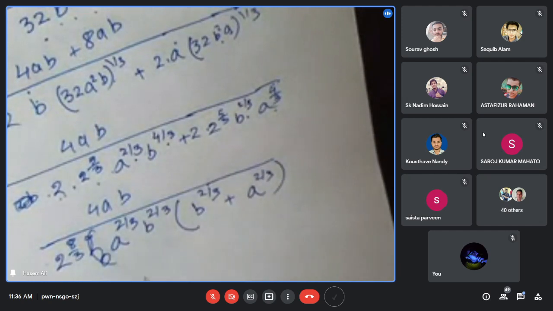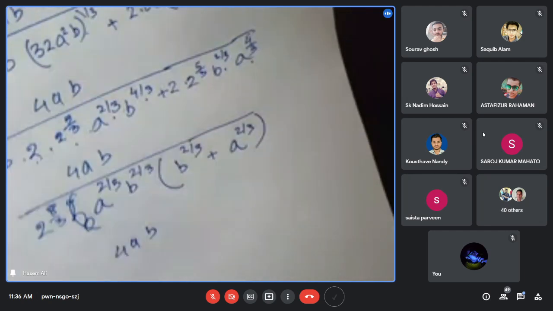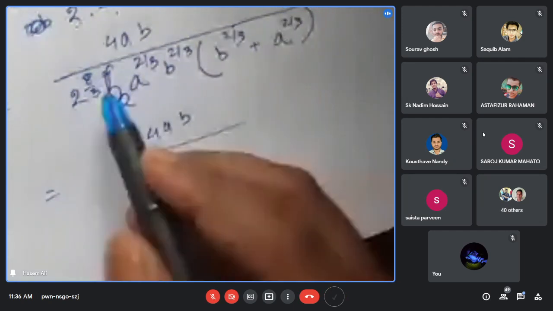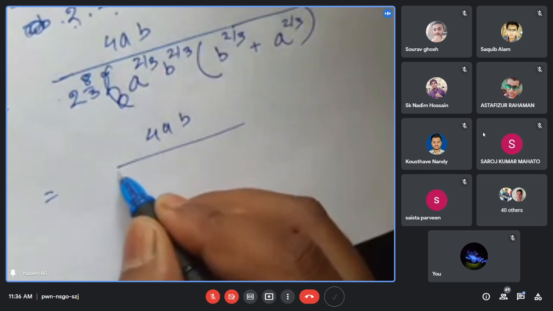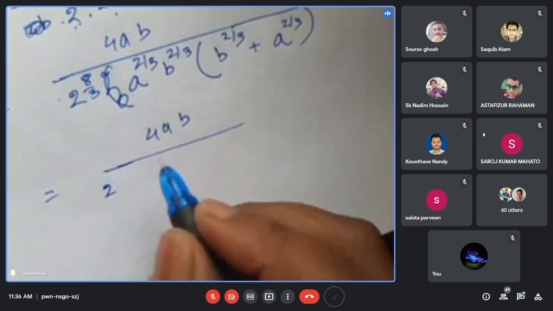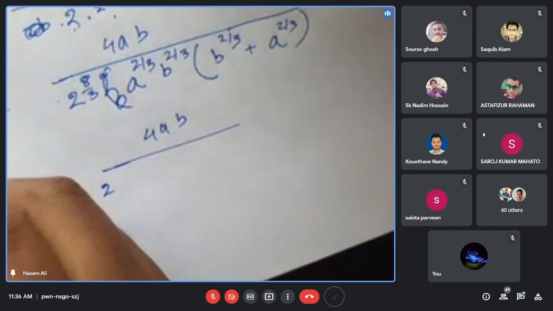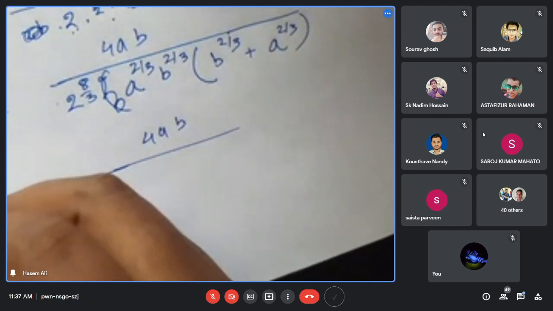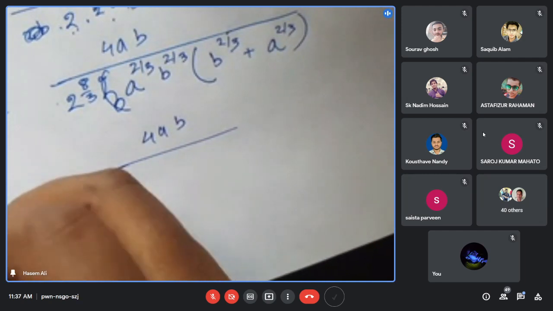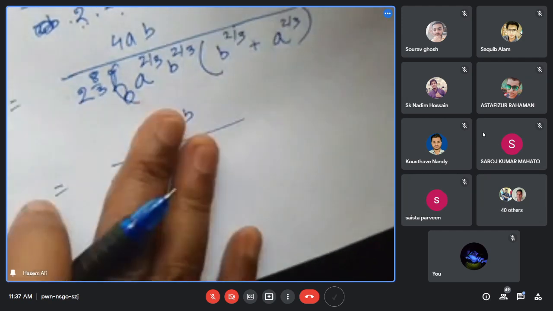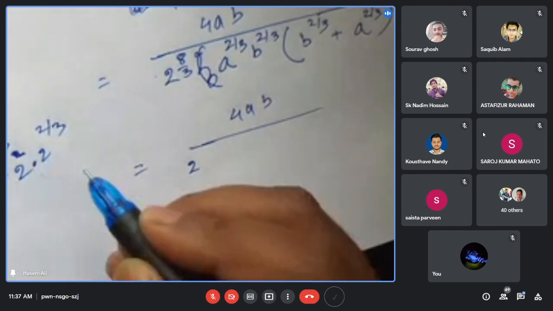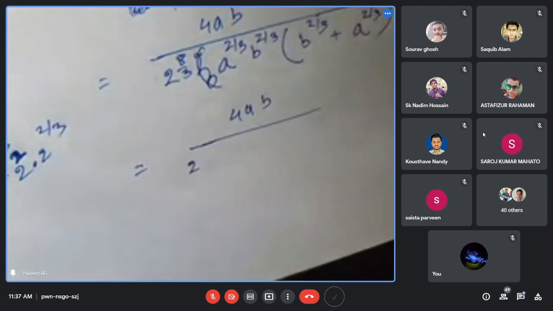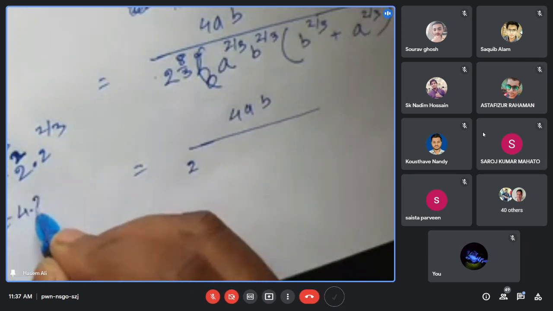So finally we have 4ab divided by 2 to the power 8 by 3. 2 to the power 8 by 3 means 2 square into 2 to the power 2 by 3, so that means 4 into 2 to the power 2 by 3.